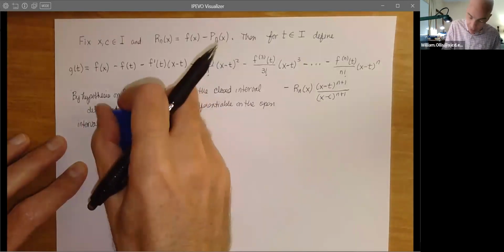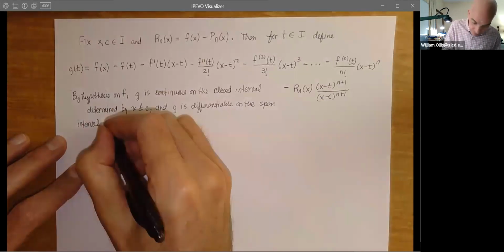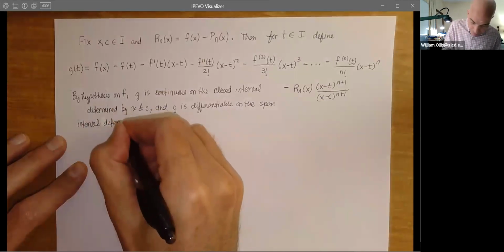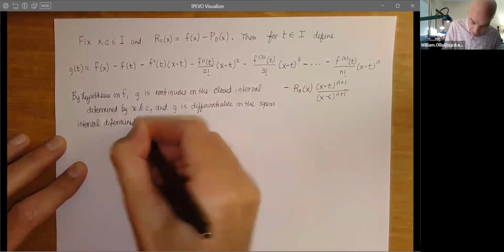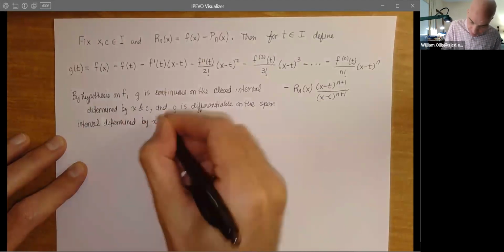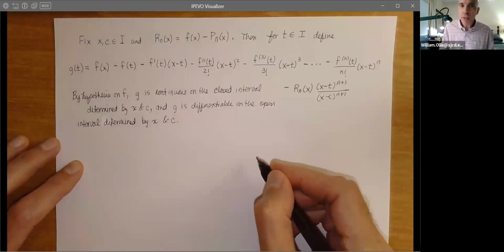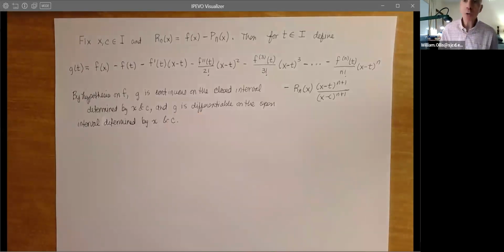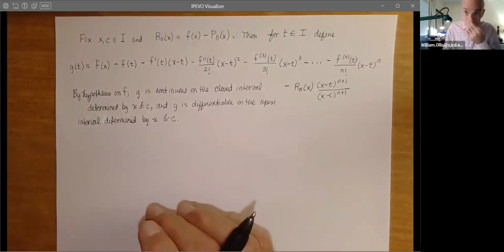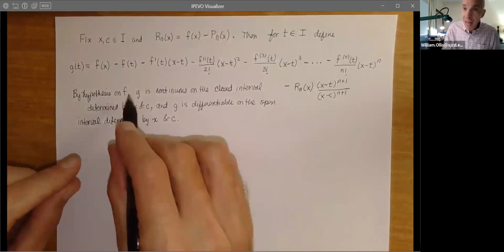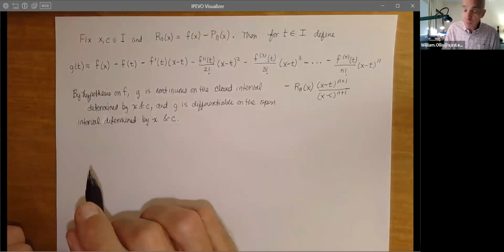Determined by x and c. So that's really good. We get two of the hypotheses of Rolle's theorem very easily, just by the fact that f is such a nice function.